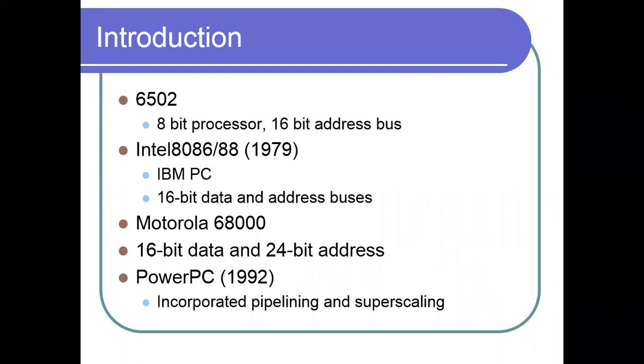Then came the Intel and IBM series. The Intel 8086 and 88 were introduced in 1979, as was the IBM PC. Those had 16-bit data and address buses. Then came the Motorola 68000, which had a 16-bit data bus and a 24-bit address bus.